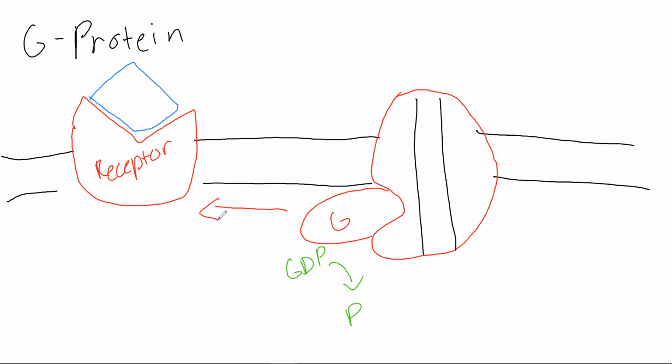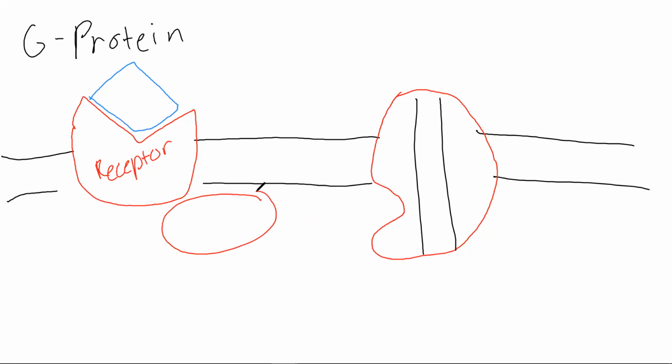And when you do that, we are then back to the beginning with a GDP here. And at this point, the ligand is gone. Ta-da, now we're back at the beginning. Oh, that makes sense?